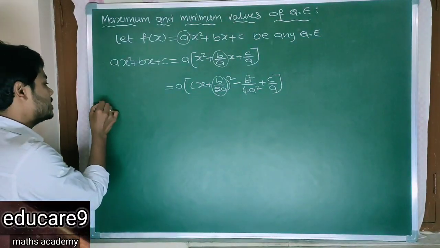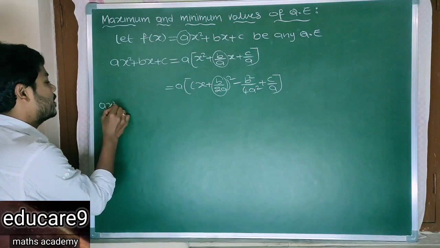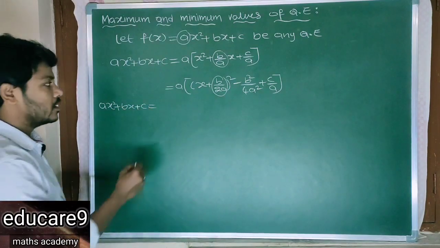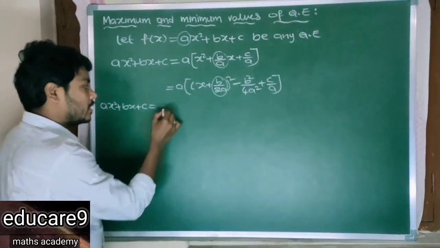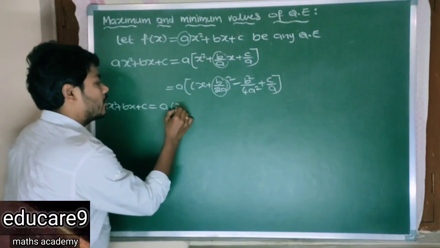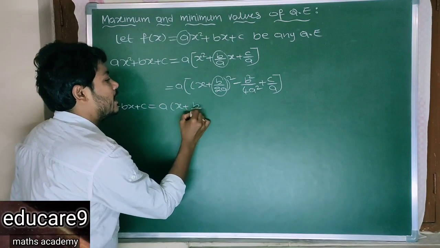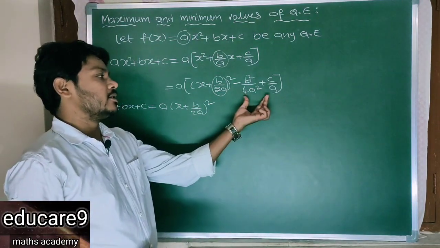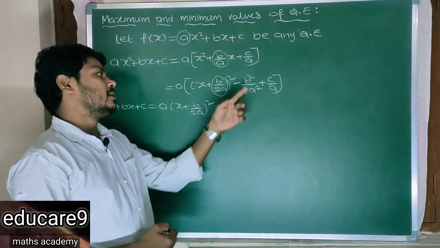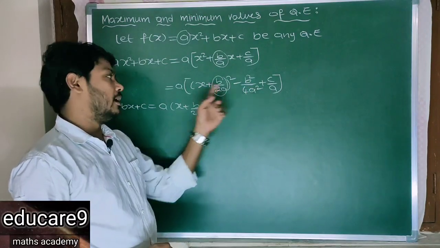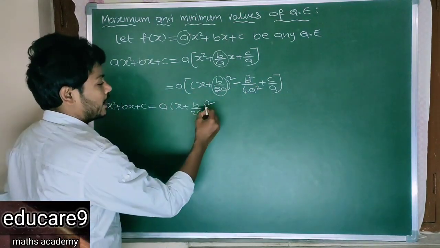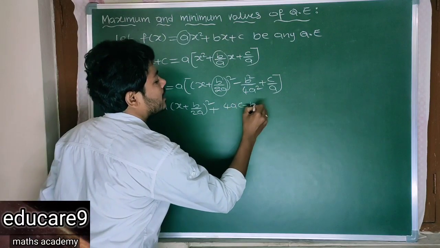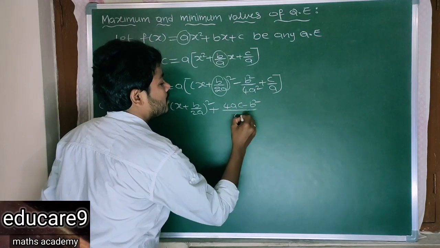Now again, ax square plus bx plus c is equal to, multiplying a inside, you get a into x plus b by 2a whole square. Now simplify this, you get 4ac minus b square by 4a square into a, that becomes plus 4ac minus b square by 4a.